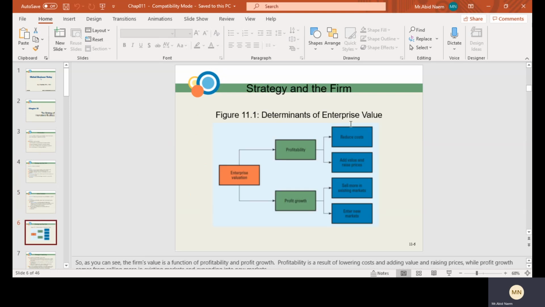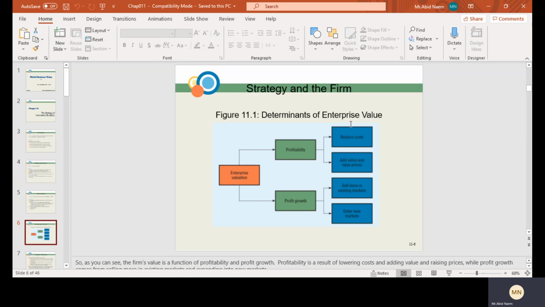Now we have to elaborate on the determinants. What are the key factors which determine enterprise value? Enterprise value is basically a combination of two things: one is profitability, and the second is profit growth rate in any given market in a specific time bracket. Profitability can be achieved through reduced cost of manufacturing, distribution, and promotion, etc., while at the same time we have to add value to our products.